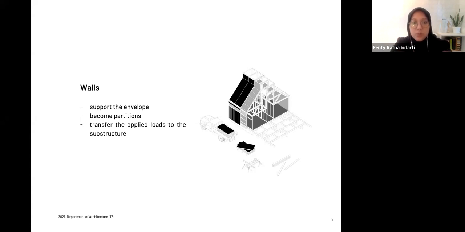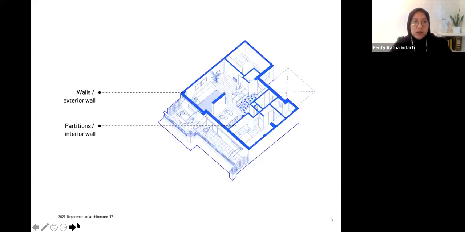It defines rooms, and the last one is to transfer the applied loads to the substructure, because as I mentioned, there is another type of walls called load-bearing walls, that hold the ability to transfer the distributed loads from the upper part, such as, in the case of a one-story building, the walls will transfer the load from the roof.